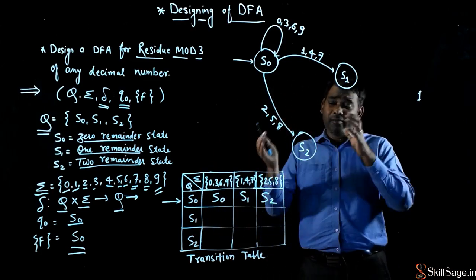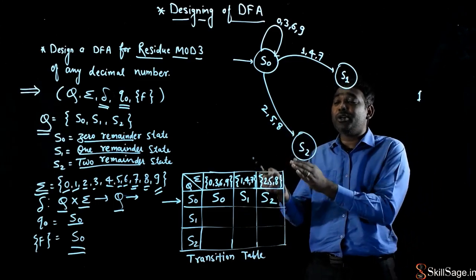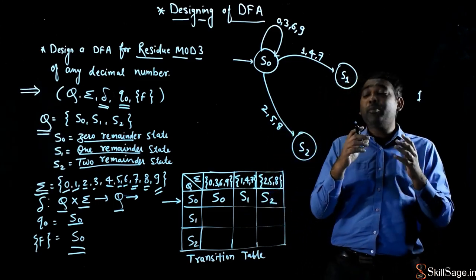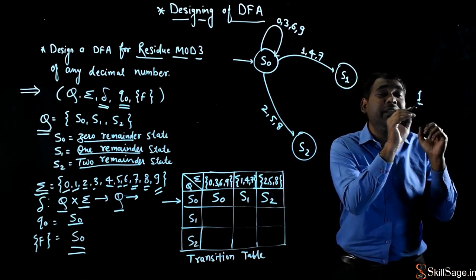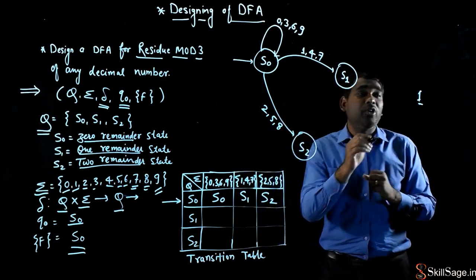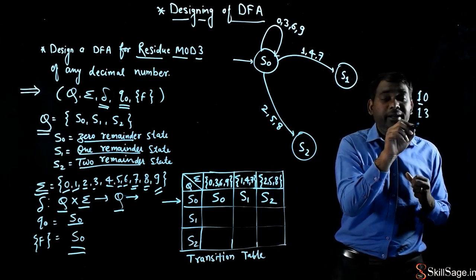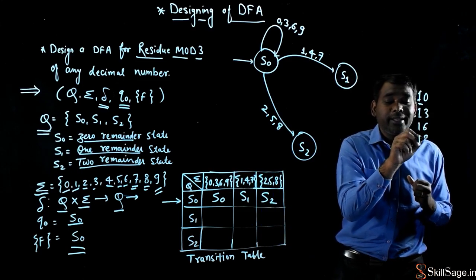If I read any input symbol, either 0, 3, 6 or 9, my current state is 1, and after that I am going to write down my input symbol here: it is either 10, or 13, or 16, or 19.